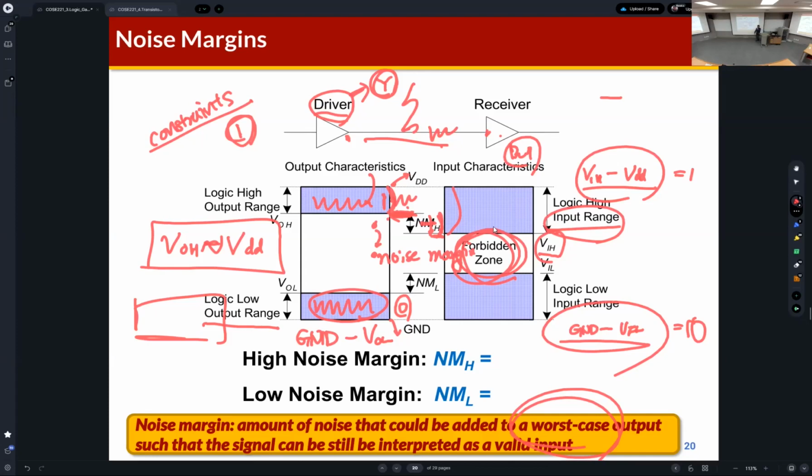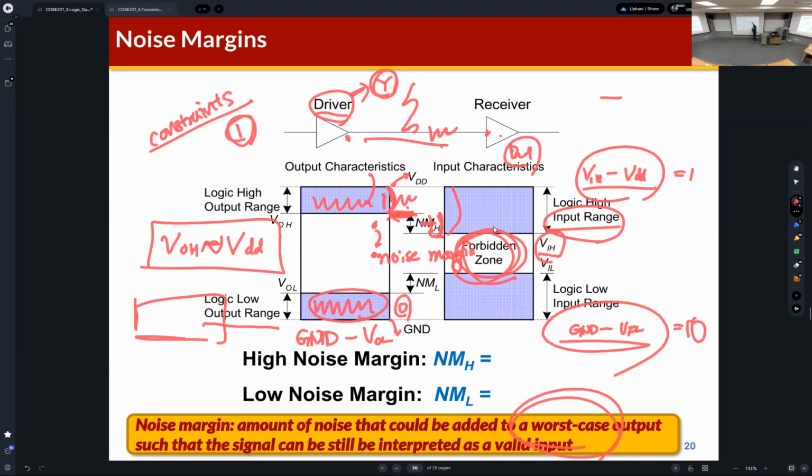Because noise signals can be included in the wire between the driver and the receiver, which will distort the output level of the driver.